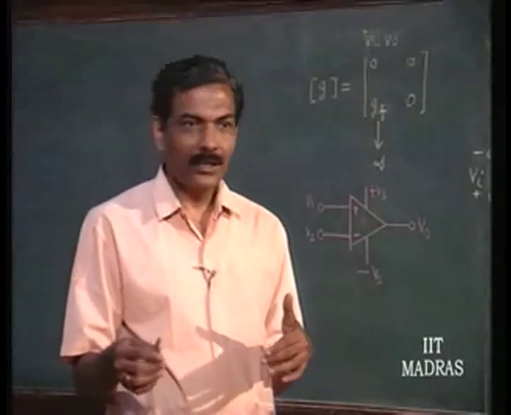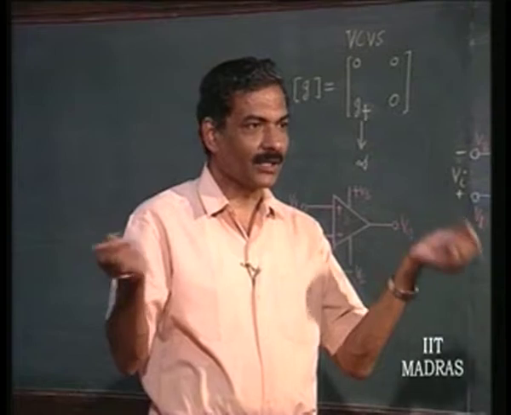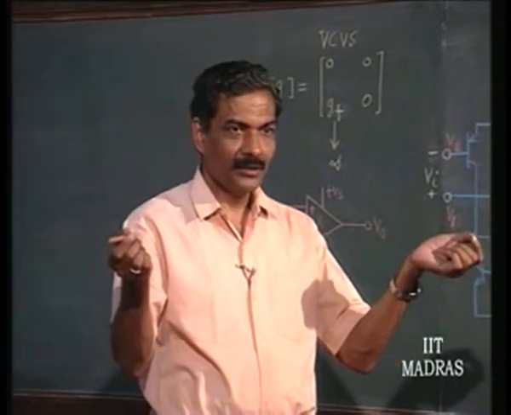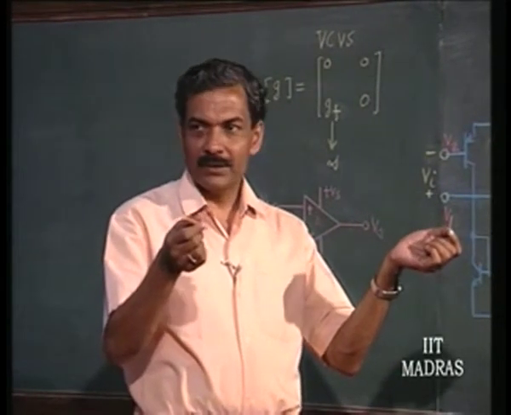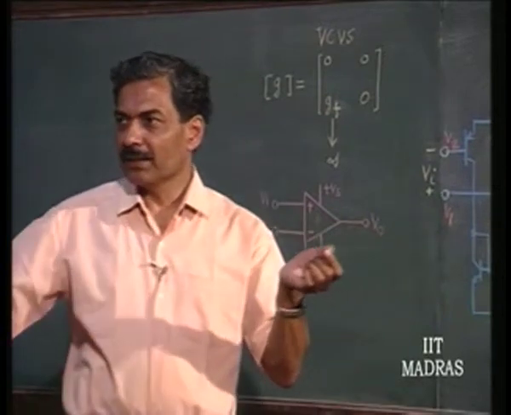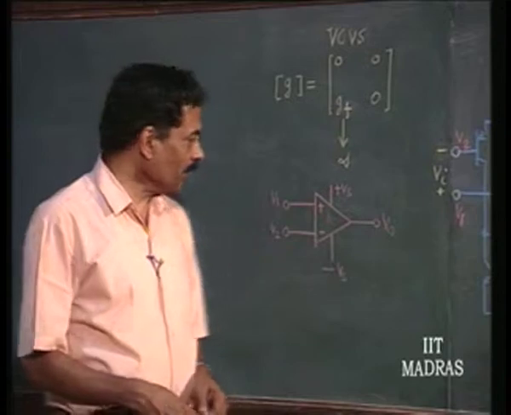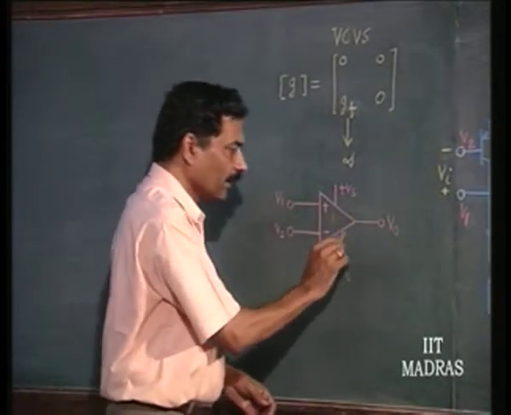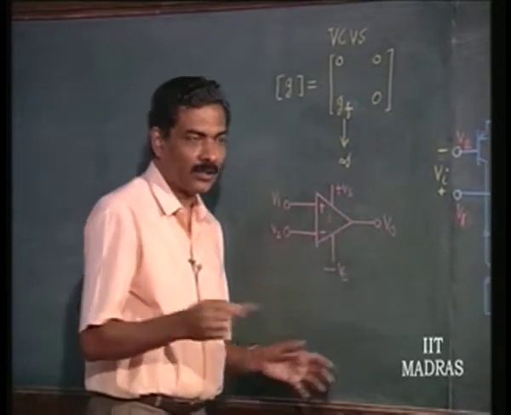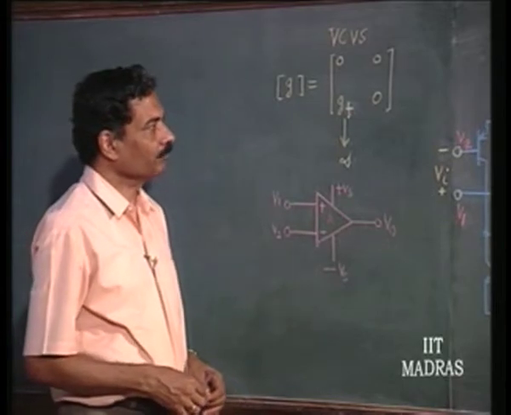Okay. That you can see in a differential structure that is already available. If one is A times (V1 minus V2), the other one is minus A times (V1 minus V2). So, in a suitable application, you can make it differential output, differential input. These are all the variations available to you.